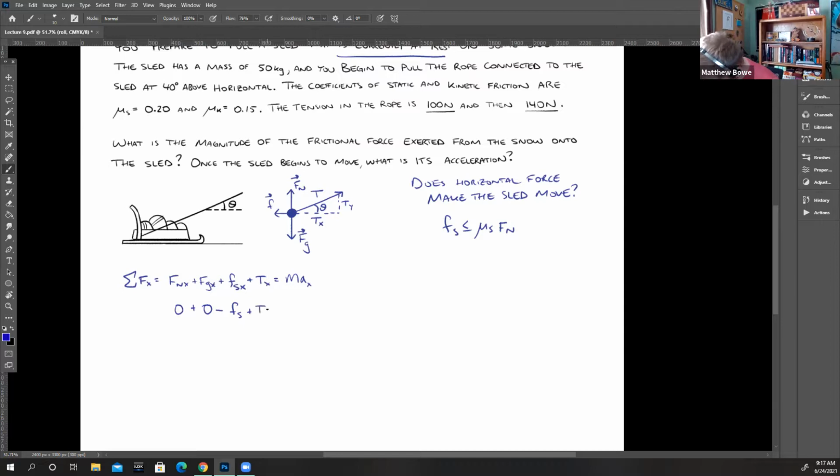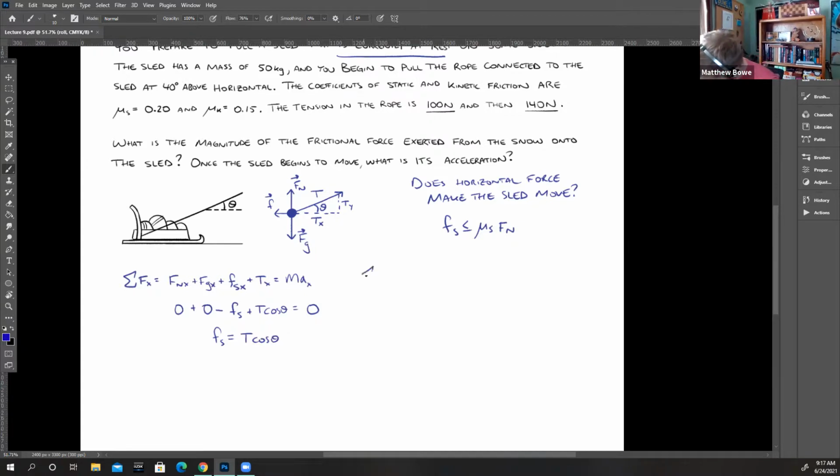And that's going to be T cosine theta. That equals, since it's currently at rest, we want to see if it's going to move. So currently at rest, there's no acceleration. That is 0. So we can rearrange this as the force of static friction in this specific problem is equal to tension times cosine theta.